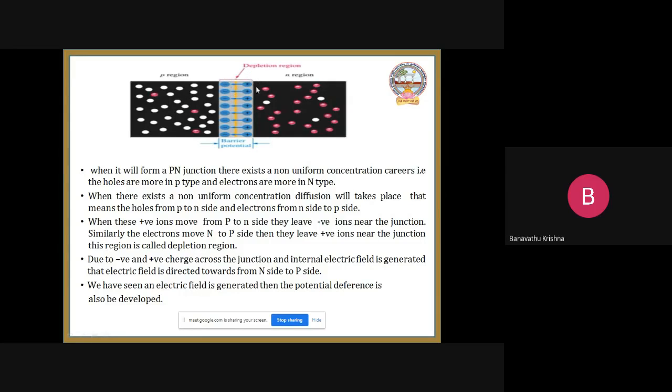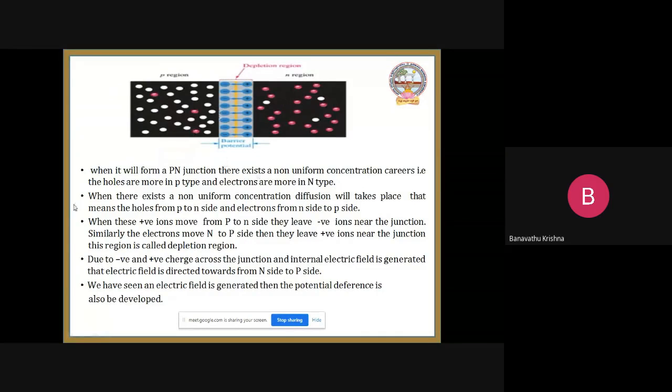This electric potential or electric field does not allow the remaining majority charged particles to pass through this junction, because the barrier acts as a brick or a wall. That's why the remaining charged particles do not pass from the p side to the n side and from the n side to the p side. That is the basic concept of this p-n junction diode.